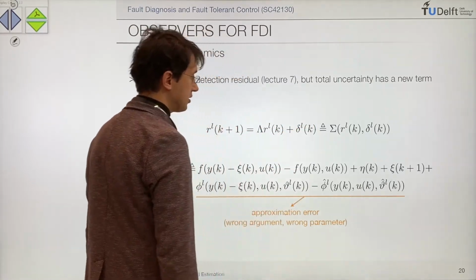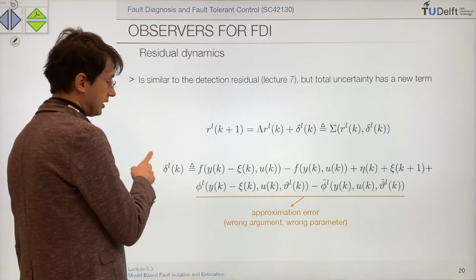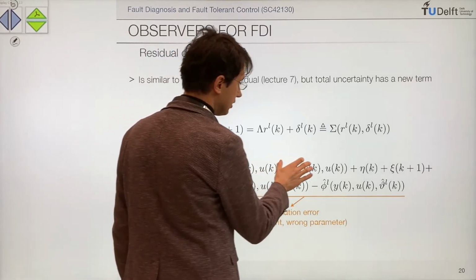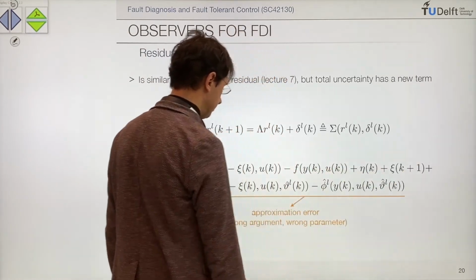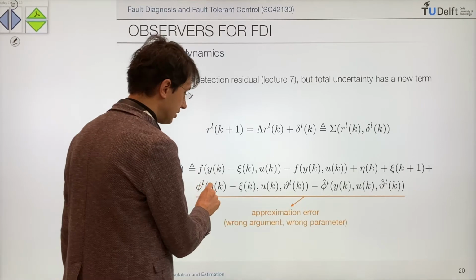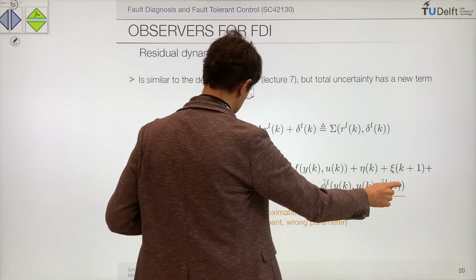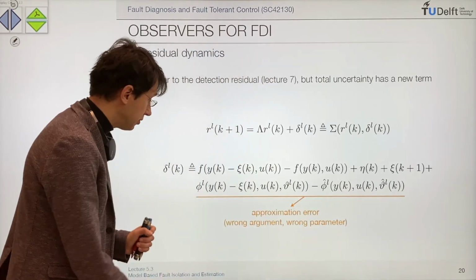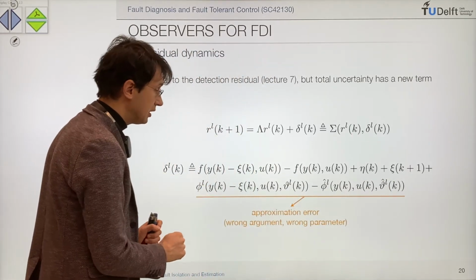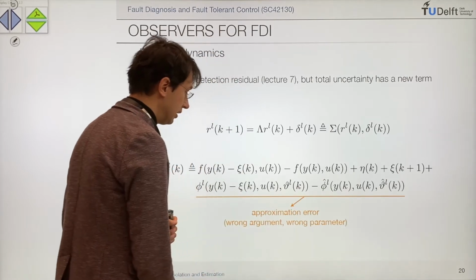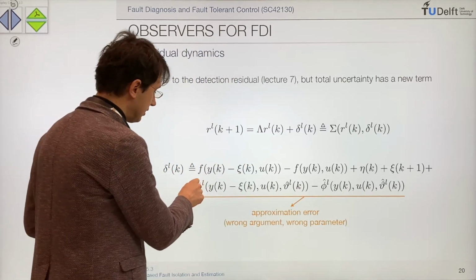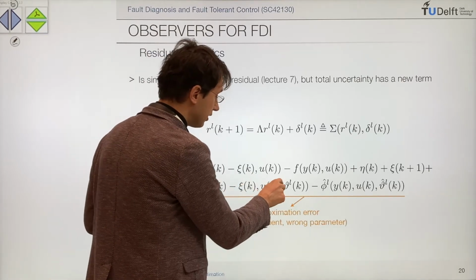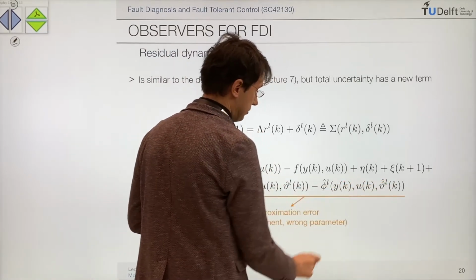That is the total uncertainty. The difference is that delta now has a new term. So the ones you see here, they were there before, but this new term is the one due to the current mismatch between the fault that is present and the one that we are learning. So in this case, the fault itself is matched because the function is the same. It is only the parameter value that can be different.